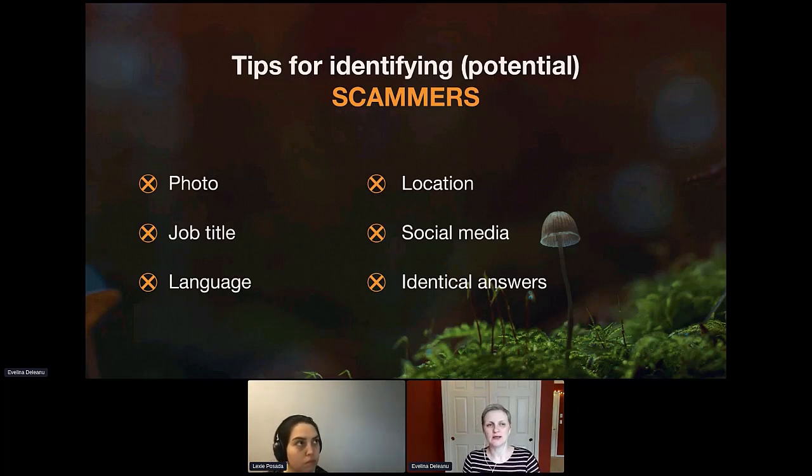Social media credentials are worth looking at if they are available for you to access. So for example, on Respondent, one of the platforms that I've used recently, there is on a participant profile a link that says LinkedIn for this participant has been verified, thumbs up, this is a legitimate person.